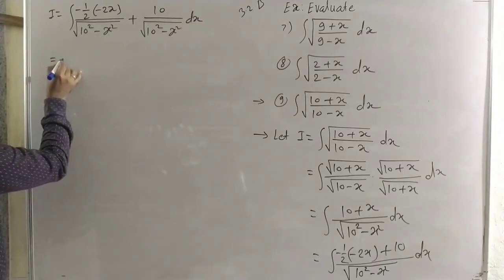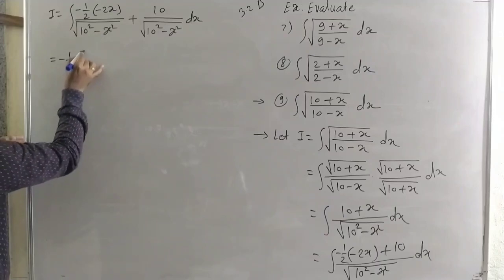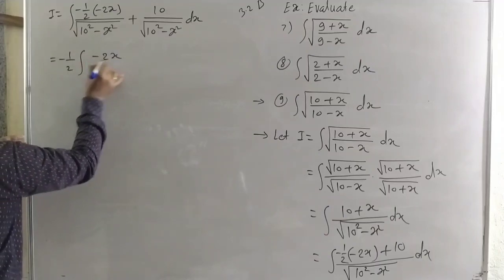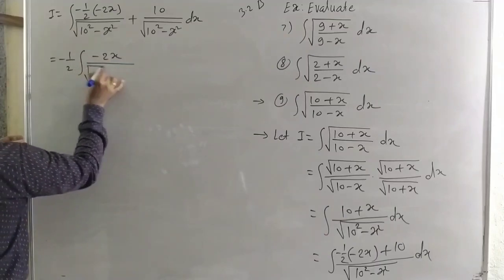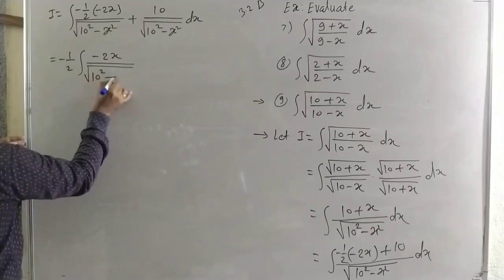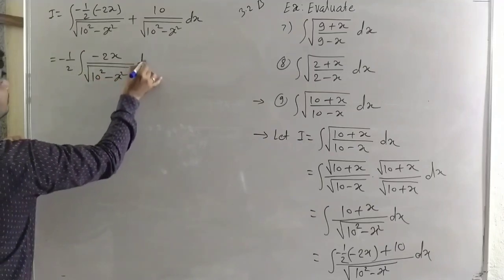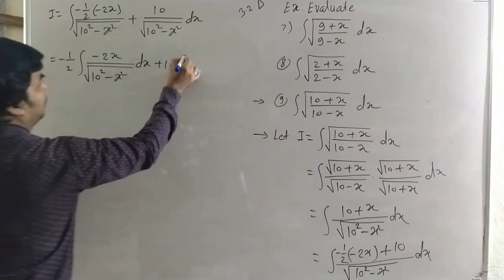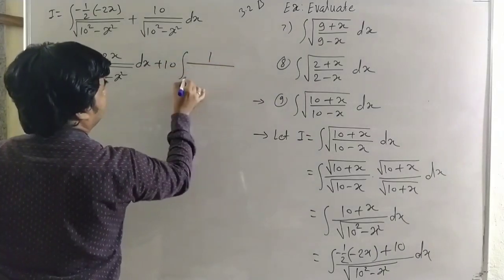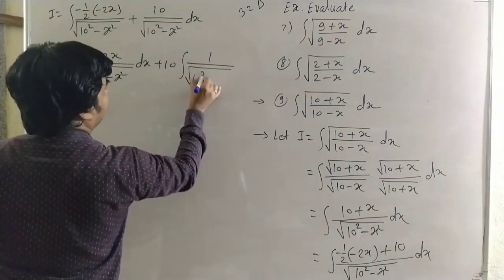Then we separate the integrals: minus 1 by 2 integral of minus 2x upon under root 10 square minus x square dx, and plus 10 into integral of 1 upon under root 10 square minus x square dx.